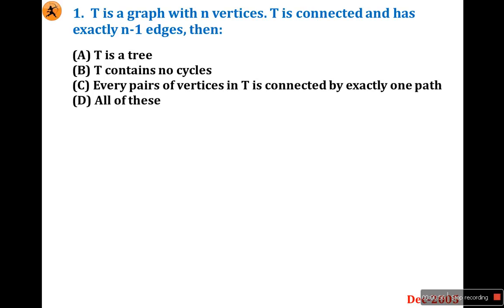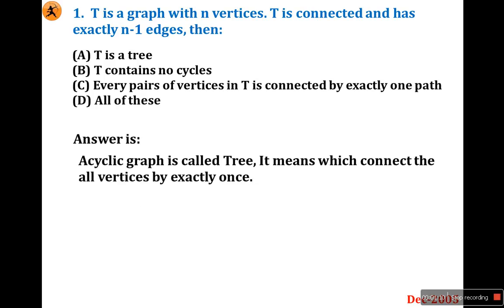This is the definition of a tree. A tree is a connected acyclic graph. If it is a tree, it definitely has n vertices and n minus 1 edges.